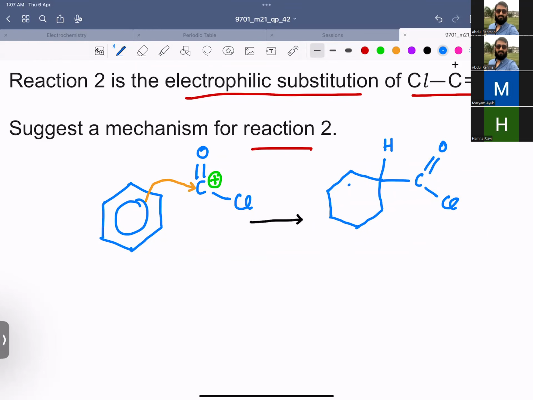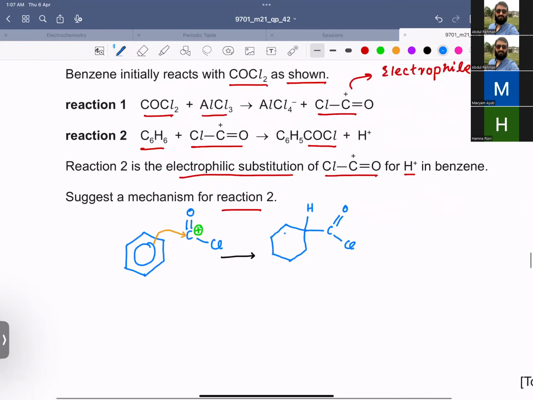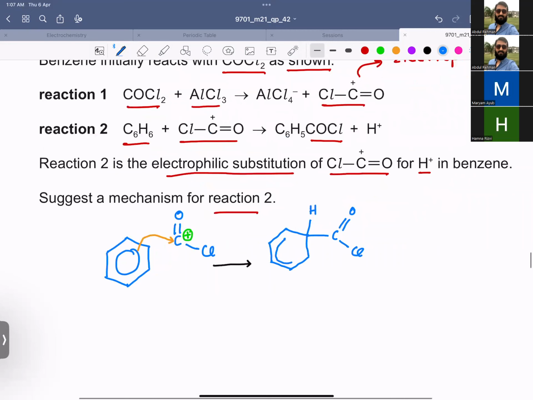At this moment, what will we do? We will make a semicircle with a positive charge, and then we show the transfer of this pair of electrons into the benzene ring.